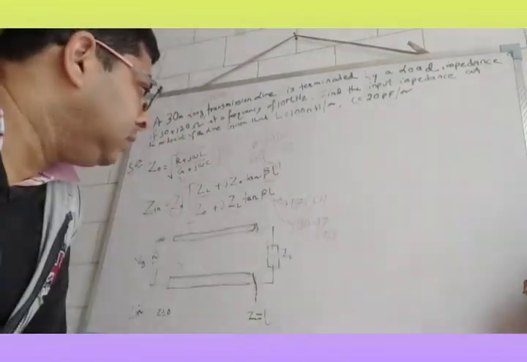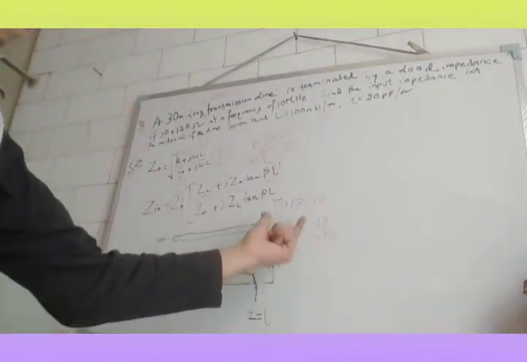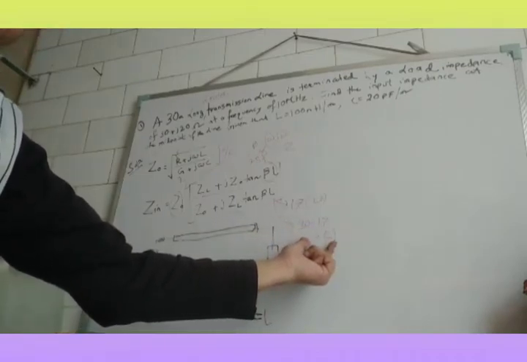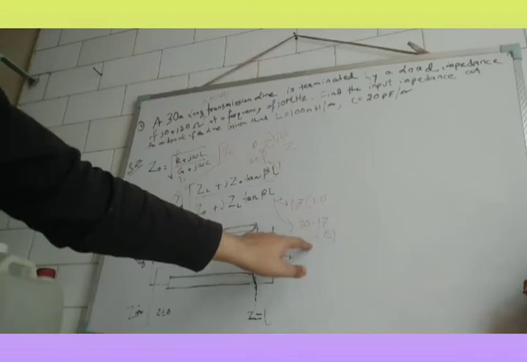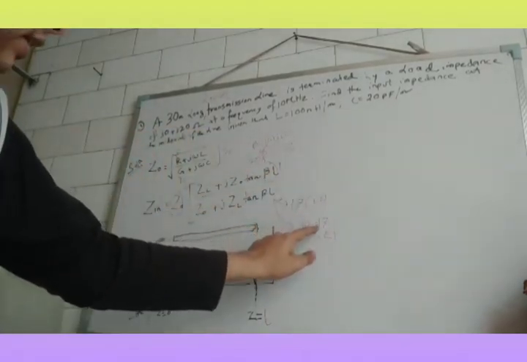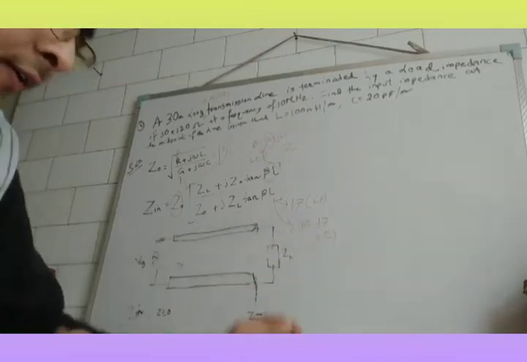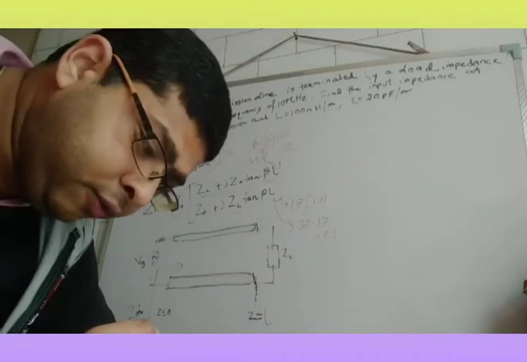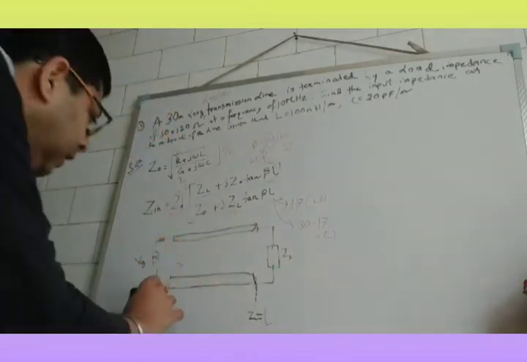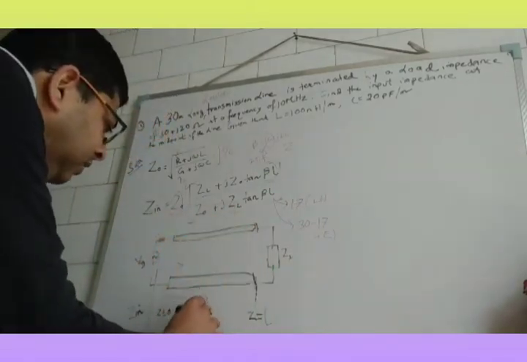If they ask you from the generator end, it is this; from the load end, it is that. Remember this. You need to focus on this very carefully. So for this case, 17 meter from the generator end, that means from here you are going 17 meter.